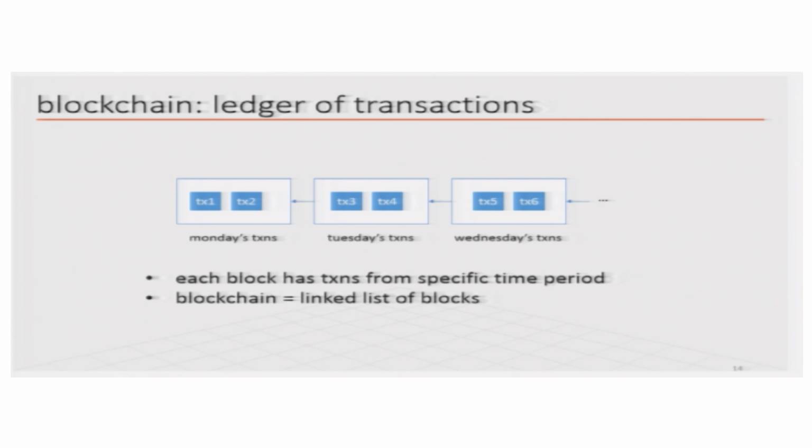Now, the interesting part to understand is that if a bank is doing it, then it has a fixed rule: I will only wait for 1 hour, and every hour, whatever transactions have happened, I will put them in a block, validate them, and then add that block into the linked list.